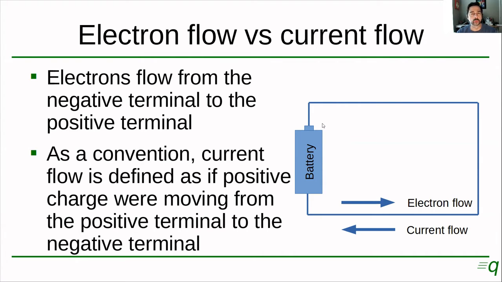But we don't really talk about electron flow, although that's what's happening at an atomic or subatomic level. From a macroscopic level, we consider that positive charge is moving from the positive terminal all the way to the negative terminal. And that is what we call current flow, or simply current or electric current. Remember, current flows from the positive terminal to the negative terminal.